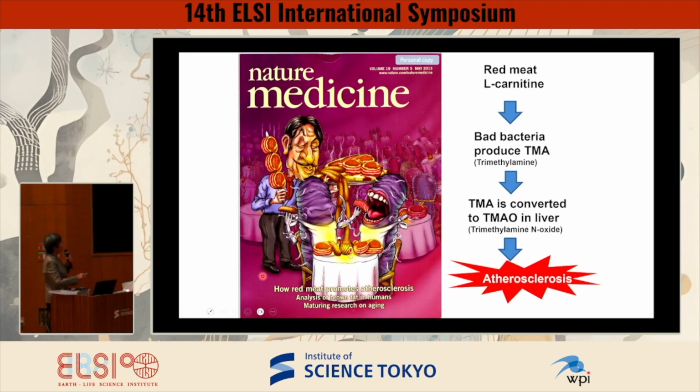So from this paper, we can know that even if you always take care of yourself with good foods, if you don't take care of your gut bacteria, you may develop a kind of disease.